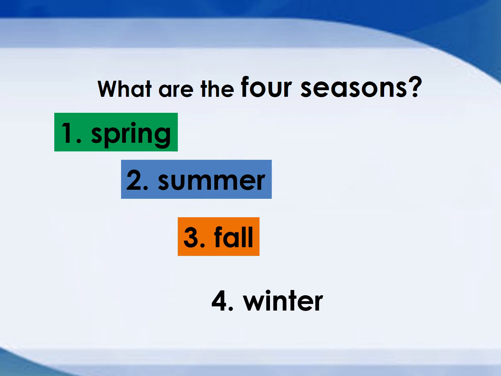So please remember that the seasons come in this order. It's the spring, which is always the first, summer, which is always the second, fall is always the third, and winter is always the fourth. So you cannot say that the first season is winter, the second season is summer, the third is spring, and the fourth is fall.